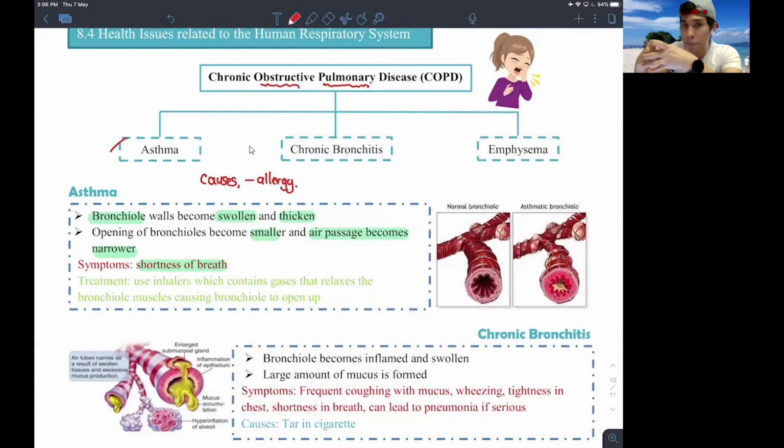Normally asthma is something you are born with. Your bronchioles are naturally more sensitive, so you have this kind of allergy, which triggers the reaction where your bronchioles swell up and the hole becomes smaller. What is the common treatment? They inhale a type of gas. Remember that thing called an inhaler?